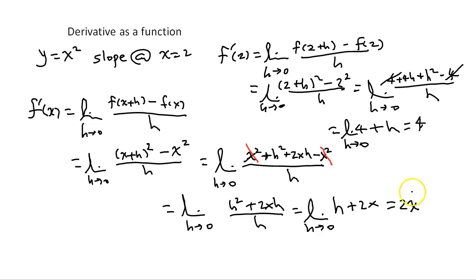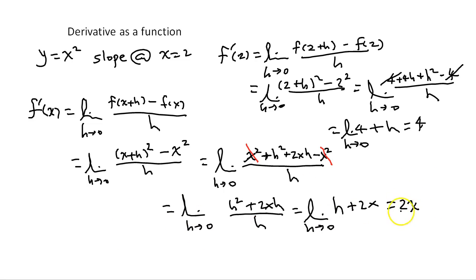So we got the function. Now, how do we use it? Well, for example, if you want f prime of 2, you would simply plug 2 into this function, and you do 2 times 2, and you get 4. If you wanted f prime of 3, then instead of having to calculate f of 3 plus h minus f of 3 over h and sending h to 0, all you have to do is plug 3 into this function, and 3 times 2 gives you 6, so we know that the slope is 6.